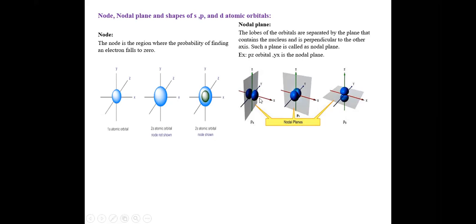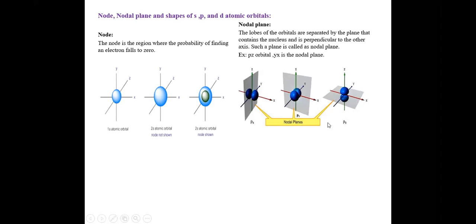You can see here a rectangular sheet, which is nothing but a plane. The lobes of these orbitals are separated by a plane that contains the nucleus, and this plane will be perpendicular to these axes. Such a plane is called a nodal plane.